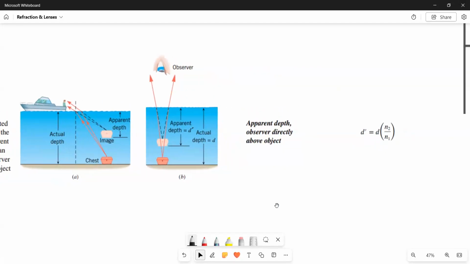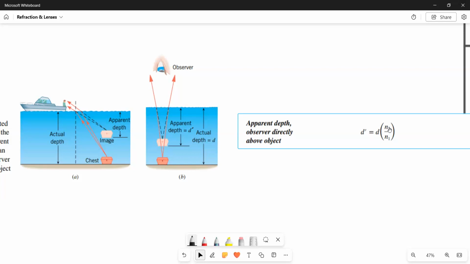So here is a good formula to help you see what the apparent depth is. You can actually calculate the apparent depth if you know the real depth and the refractive index of the two media, whether it's air and water or so.